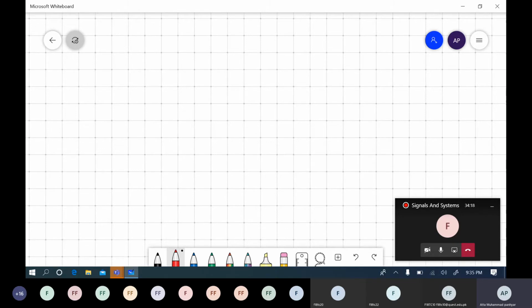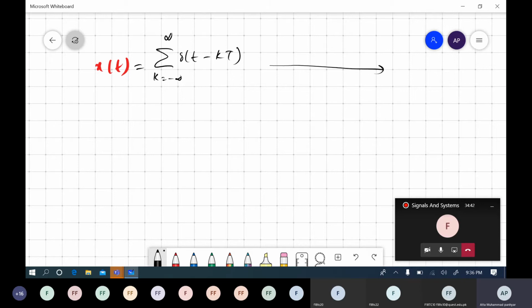For example, we have a signal x of t that is equal to the summation over k from minus infinity to infinity of delta of t minus kT, right? If you plot this signal in the time domain, it must be a series of impulses, defined at 0, T, 2T, 3T, right?